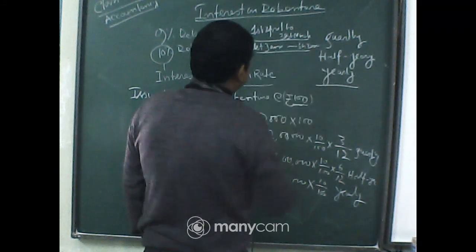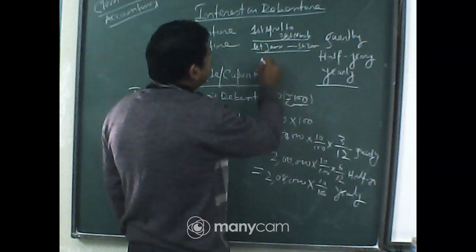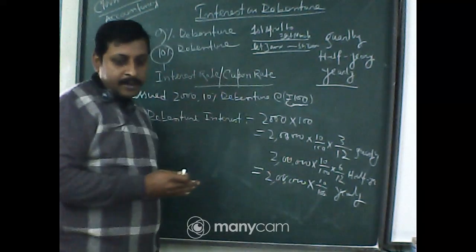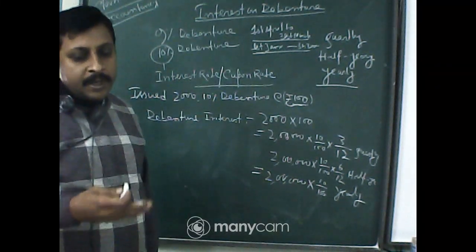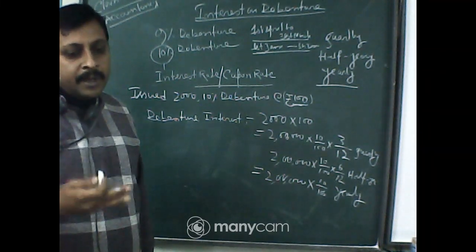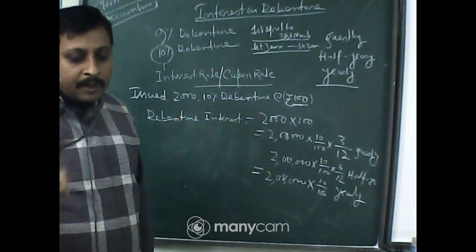In that case, if they follow the calendar year and they want to give half yearly interest to the debenture holder, actually most companies in the practical field give half yearly interest, that is 2 times interest in the whole year, 6 months after 6 months.